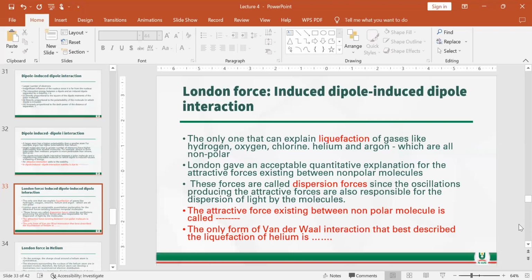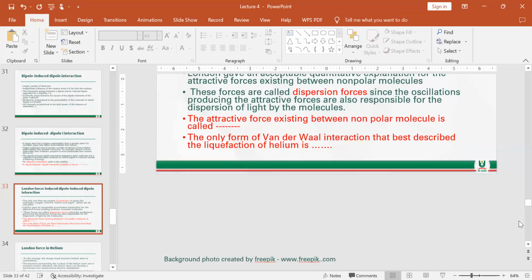These forces are called dispersion forces, since the oscillations producing the attractive force are also responsible for the dispersion of light by the molecule. The only form of van der Waals interaction that best describes the liquefaction of gases such as helium is the induced dipole, as we have said.